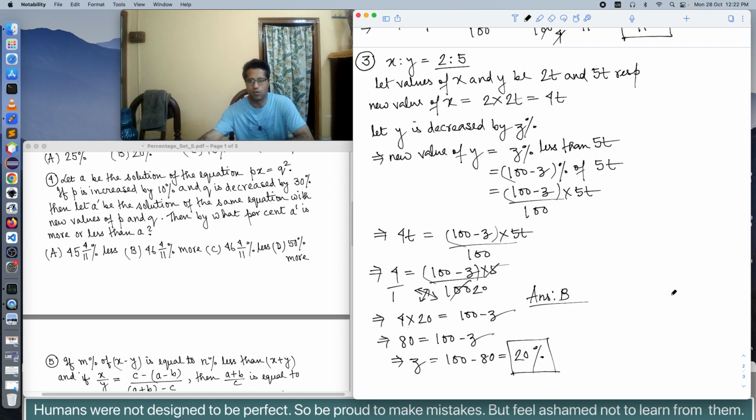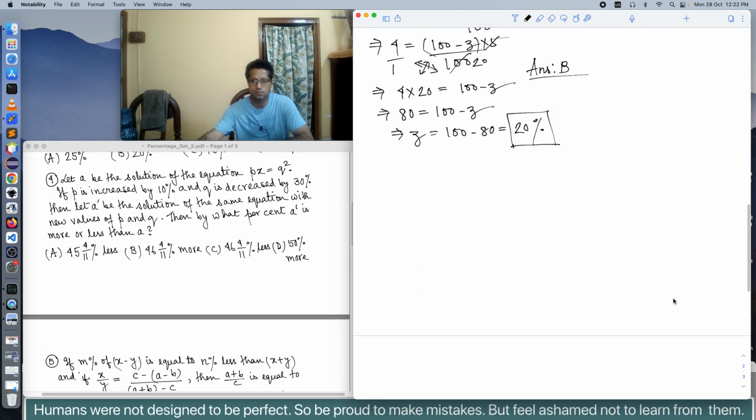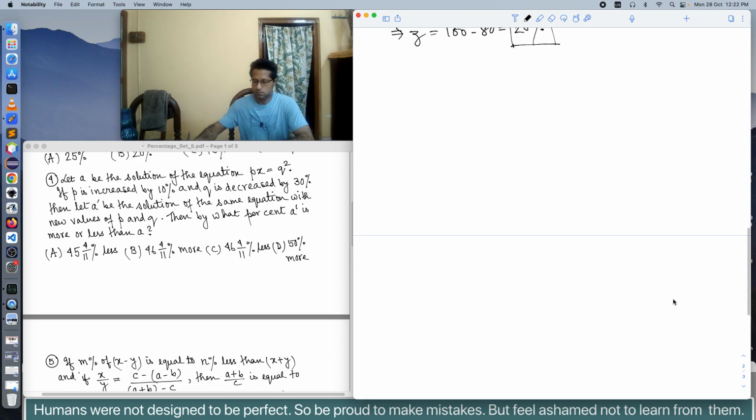Okay, let's do problem number 4. Let A be the solution of the equation Px equals Q square. So it's a linear equation, where P and Q must be some constants.